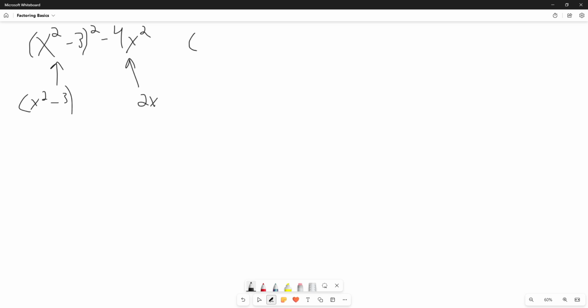and this one just has 2x as its common factor. So we can write out x cubed minus 3 plus 2x multiplied by x cubed minus 3 minus 2x. Now you have these two terms here, and we should probably write it around so that the 2x is before the 3.